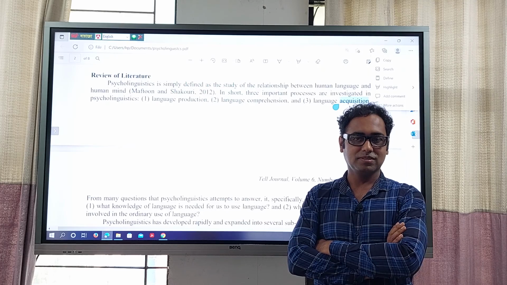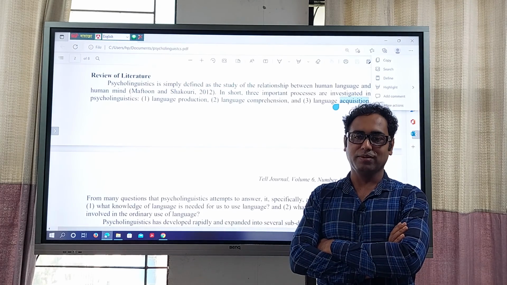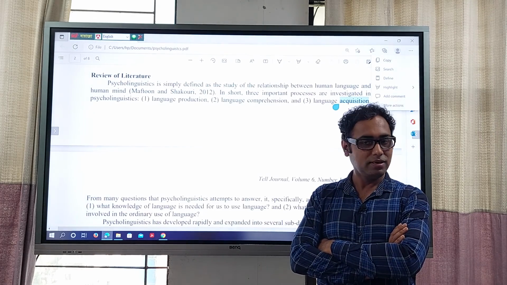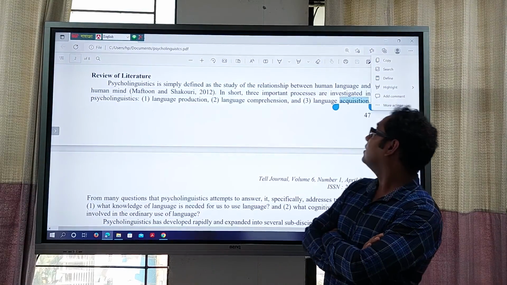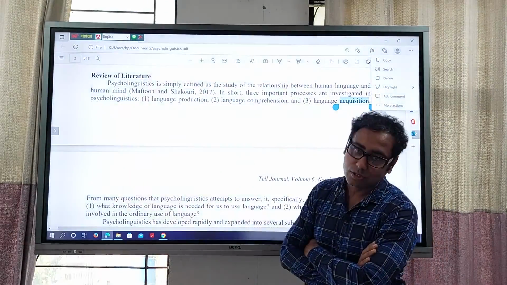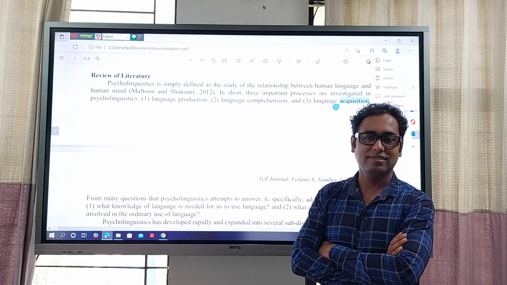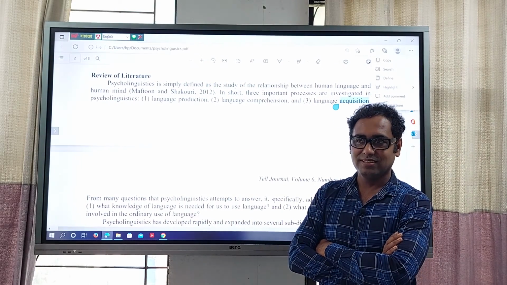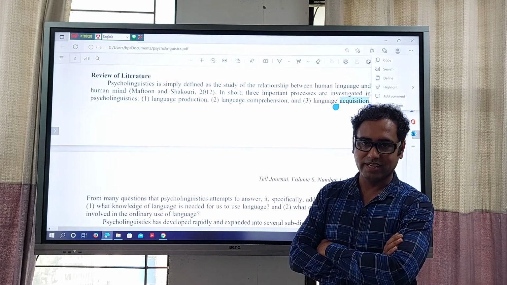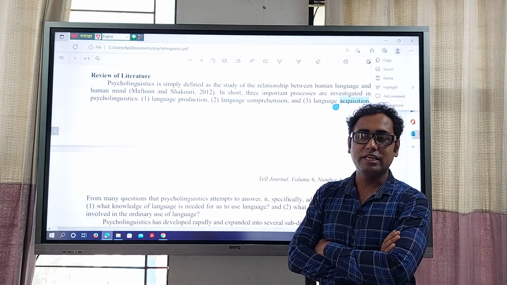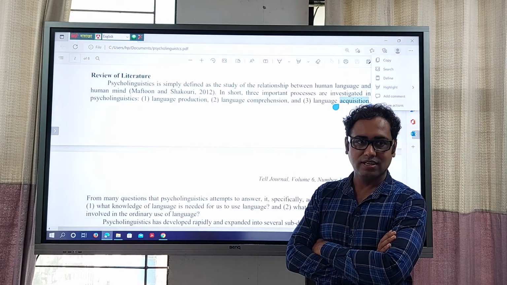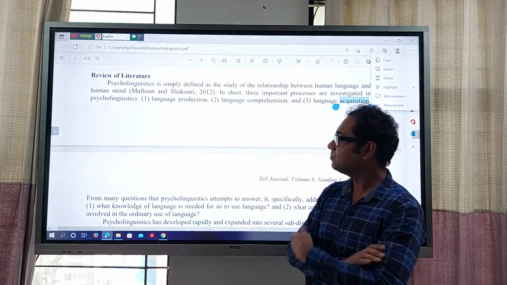Simple. So this is a psychological game. This is the first stage of learning. It is called the babbling stage, according to Jean Piaget, a psycholinguist.